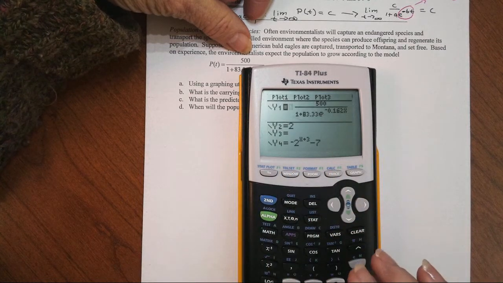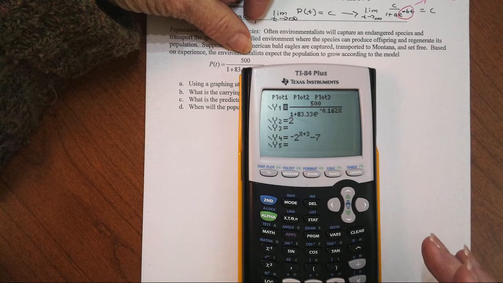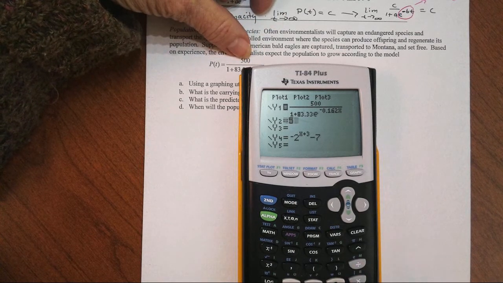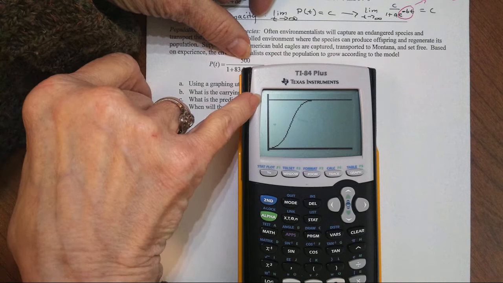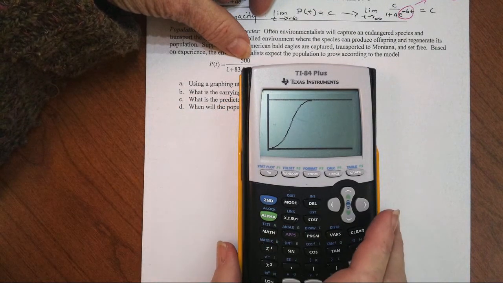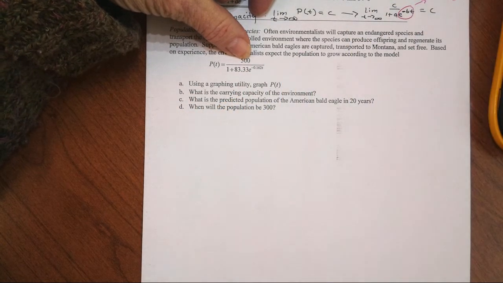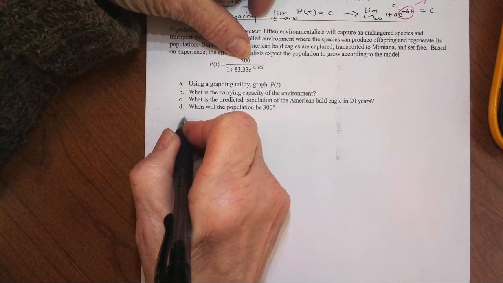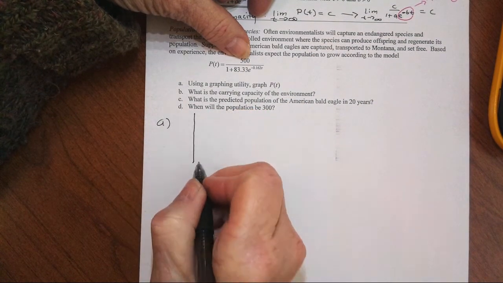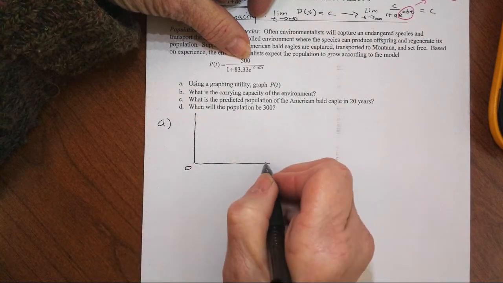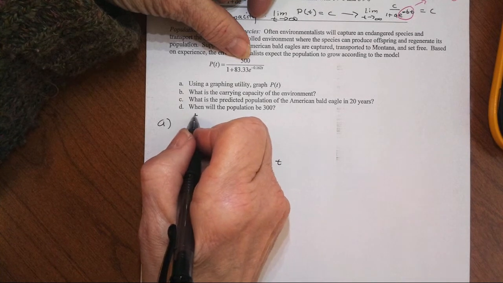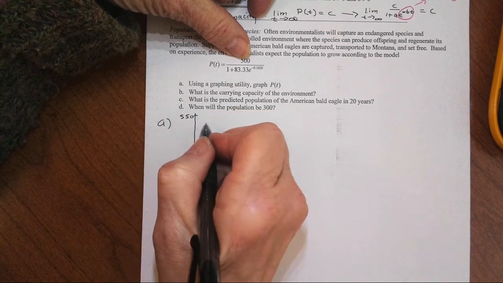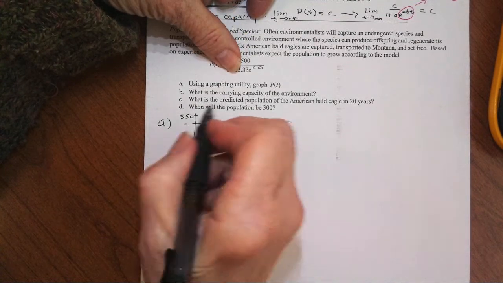If we graph the line y equals 500 in there too, which is the carrying capacity, the max, you can actually see the graph approaches that. And you know, I put the window up to 550. So you should reproduce that window onto your paper. That's part A. And mark your graph with the information that you actually used on your calculator.